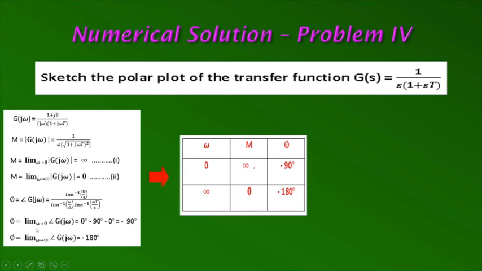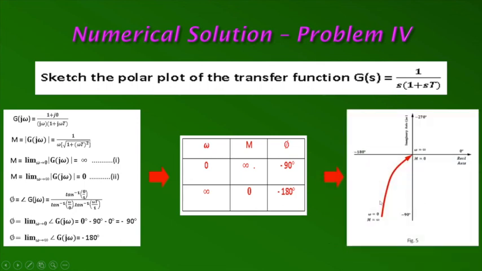When omega equal to 0, this angle is 0 minus 90 degree, so the angle is minus 90 degree. When omega equal to infinity, this is minus 90 and for this angle it is minus 90. That means minus 90 minus 90 is minus 180.